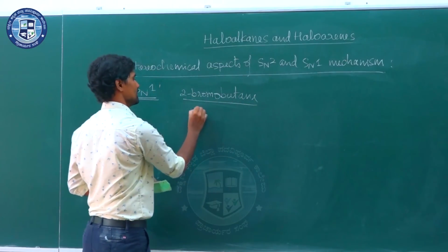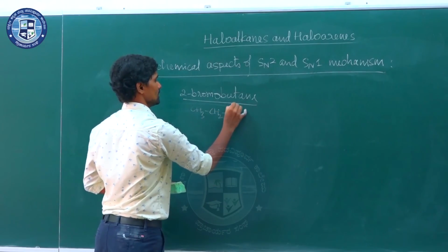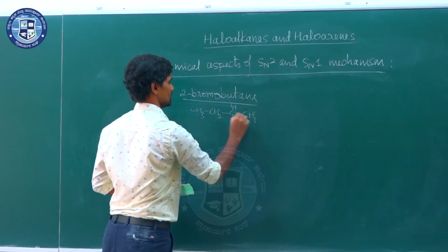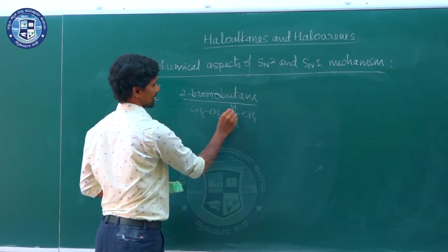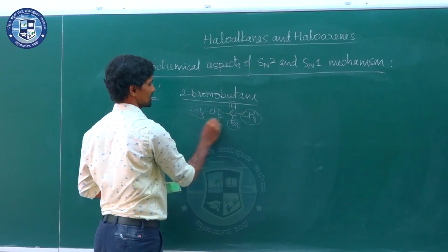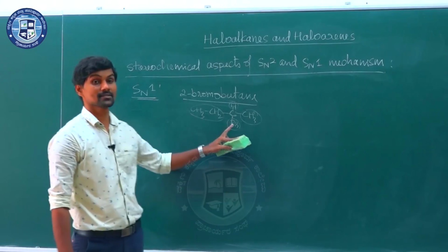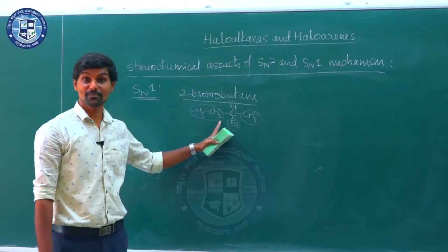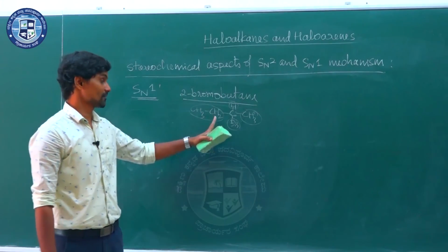It will be CH3 CH2 CH Br CH3. You can note here this carbon is an asymmetric carbon: bromine group, here CH3, here H, and CH2 CH3. All the 4 groups are different. So again this molecule possesses a chiral carbon atom, and the molecule is asymmetric, and it shows optical activity.